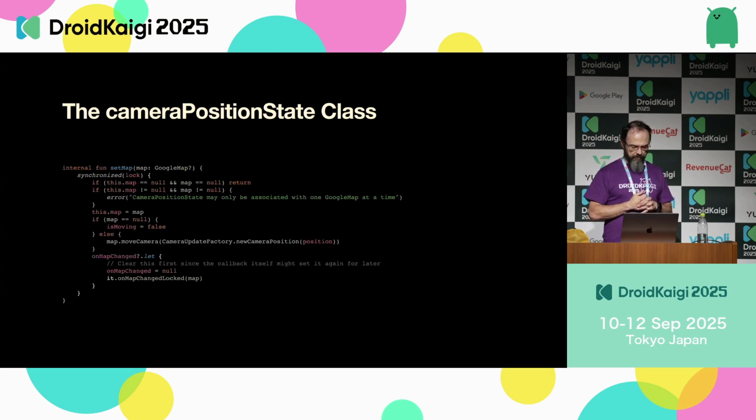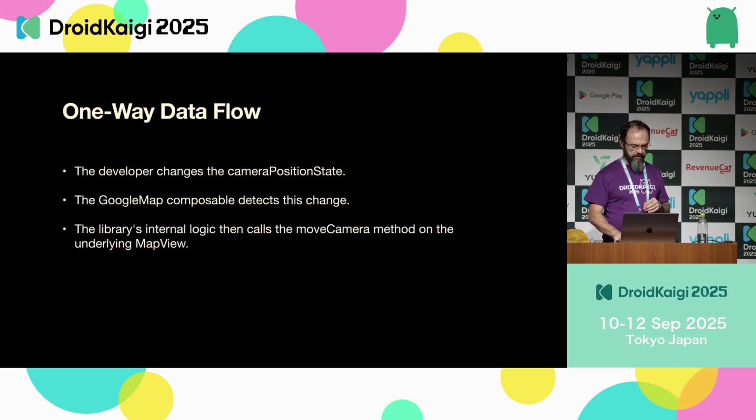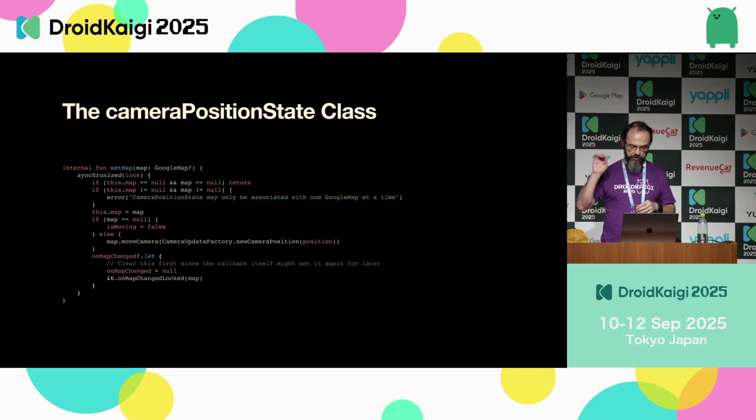Now, we have this internal set map function that is also using the synchronized lock, and it makes a few checks. It checks if the map is null and the map that we're passing as a parameter is null, then we just return. If both are different of null, that means that the camera position state can only be associated with one Google map at a time, so we return an error.